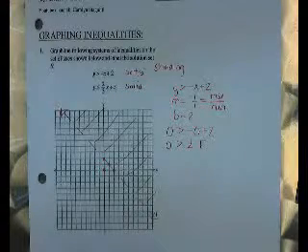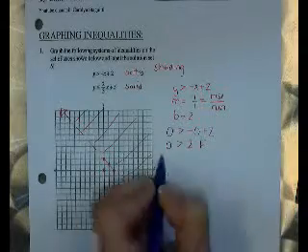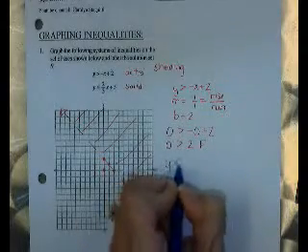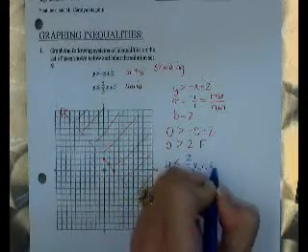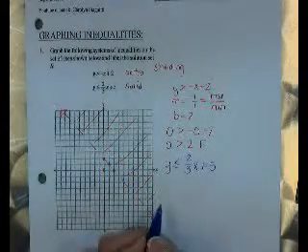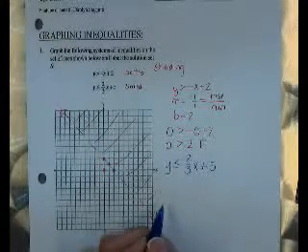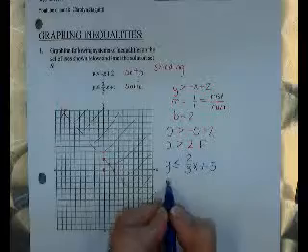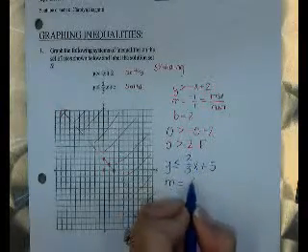Next, I want to graph the second line. The second inequality is y is less than or equal to 2/3 x plus 5. This is nice because it's already in y equals mx plus b form. I don't have to get y alone. All I have to do is write down my slope, which is always the constant in front of my x, 2 over 3.